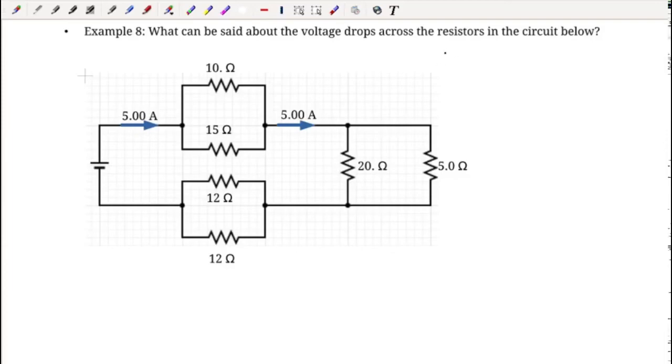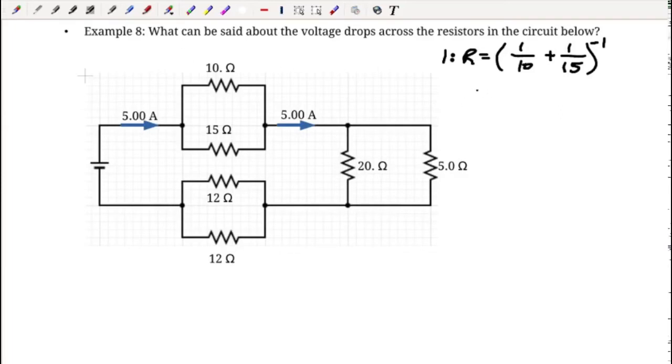So for branch number 1, my resistance is going to be equal to, using the inverse rule, 1 over 10 plus 1 over 15 inverse, because the 10 and the 15 are in parallel with each other. So plug that into your calculator and figure out the equivalent resistance.